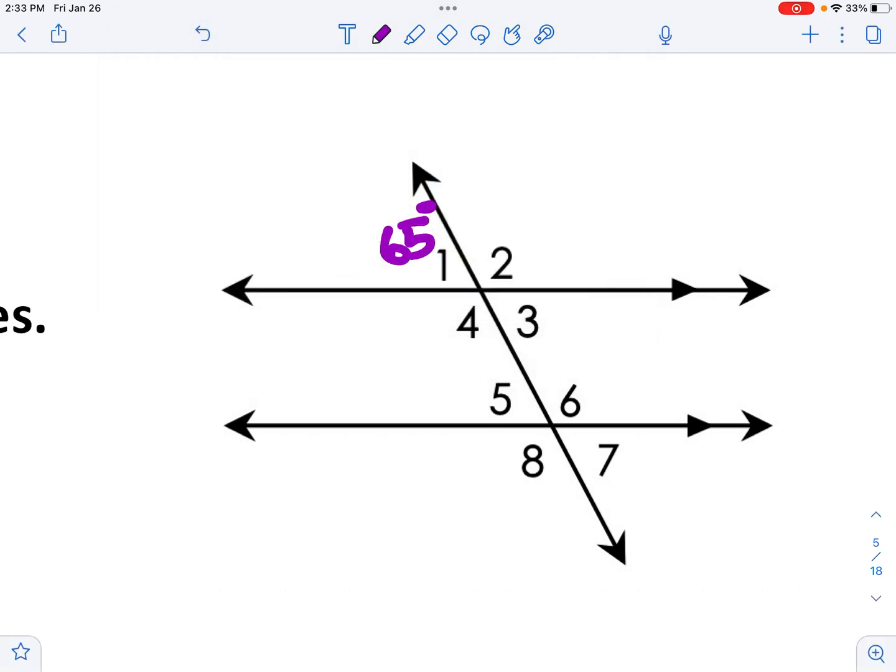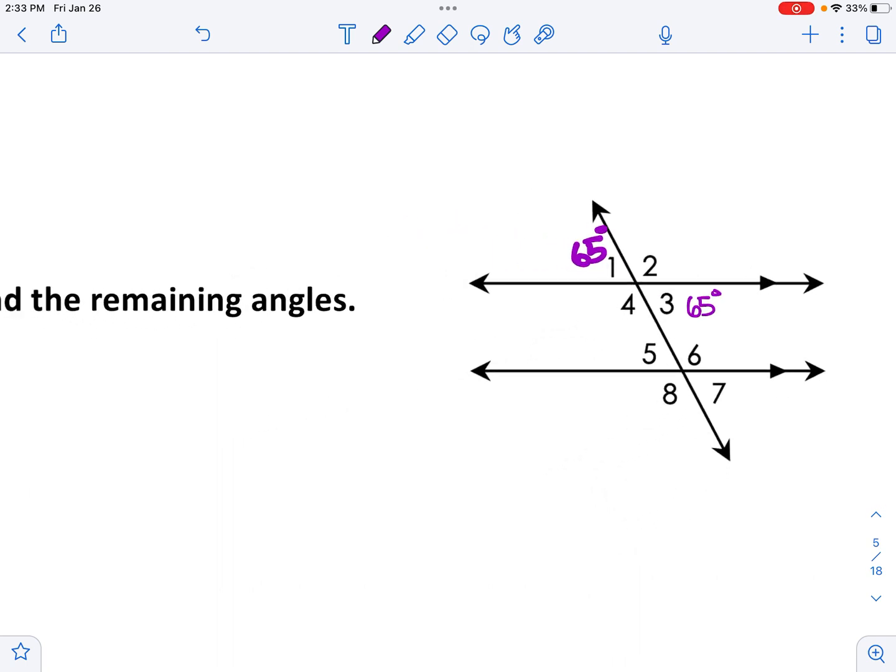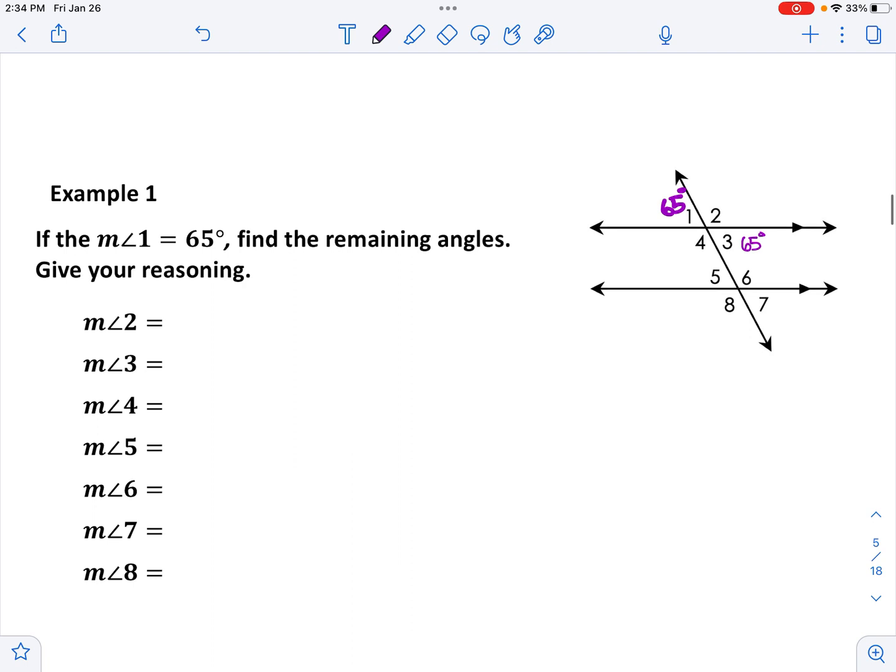So these are across from each other, and then this is 65 degrees as well because they're vertical angles. So I'm just going to put that in my drawing right over here. That's 65 degrees. I also know that angle 1 and 5 are congruent because of corresponding angles.